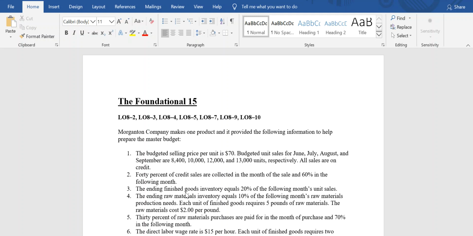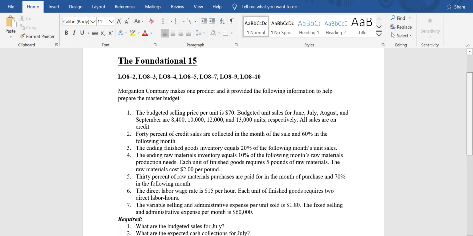Ending raw materials, we don't need to deal with quite yet. 30% of raw materials purchases are paid for in the month of purchase and 70% in the following month. The direct labor wage rate is $15 per hour. The variable selling and admin expense per unit sold is $1.80. The fixed selling and admin is $60,000.